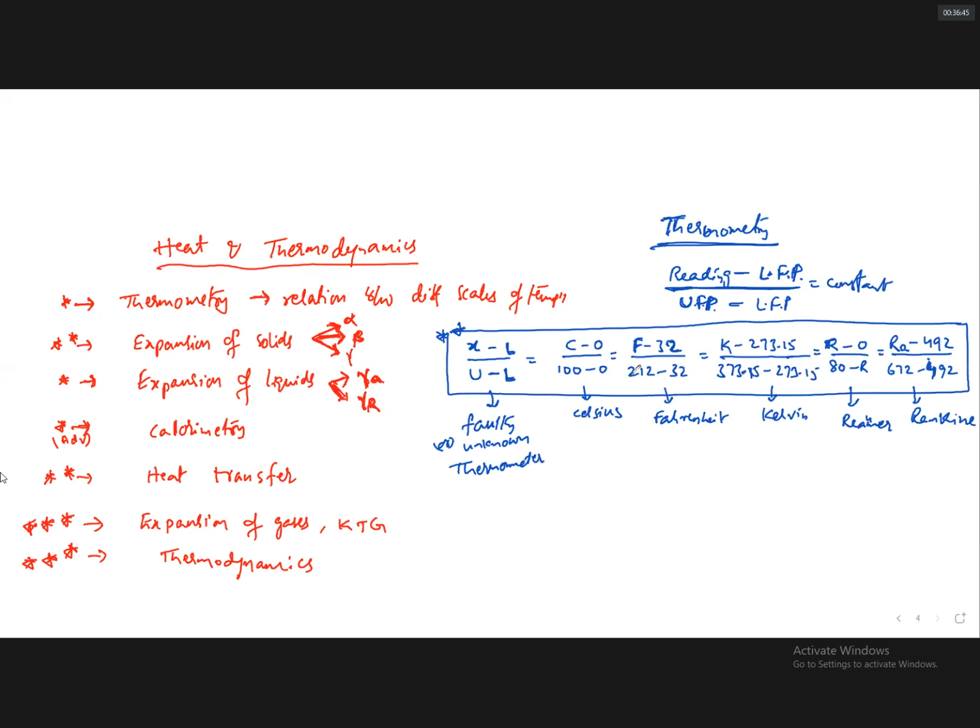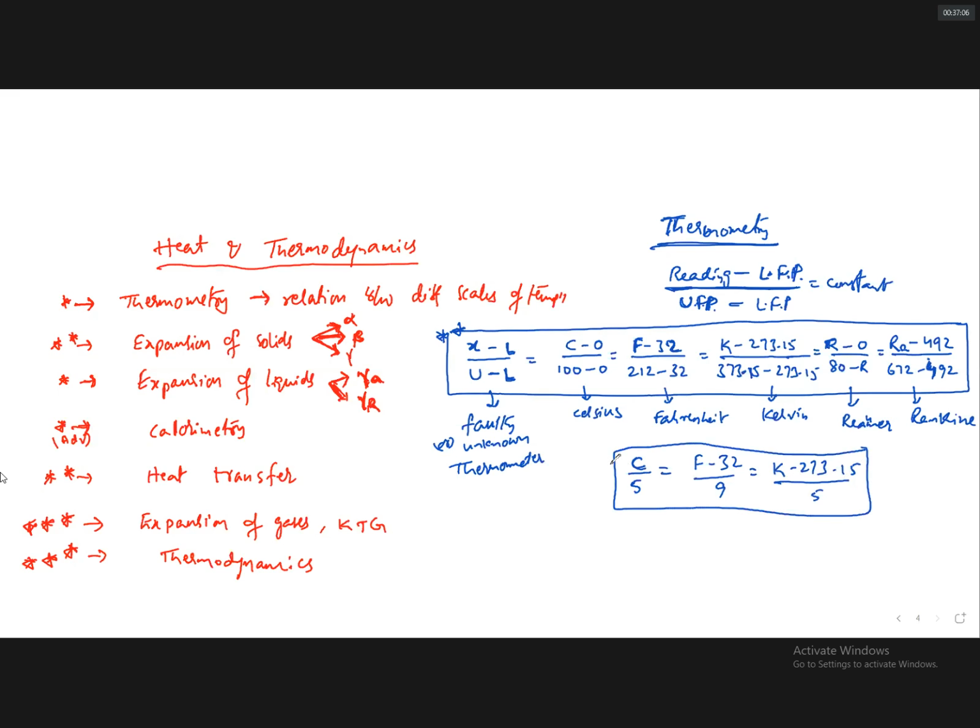Generally they give the Celsius, Fahrenheit and Kelvin scales. For these, we write directly C by 5 is equal to F minus 32 by 9 is equal to K minus 273.15 by 5.